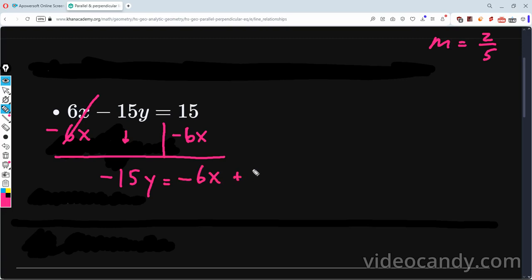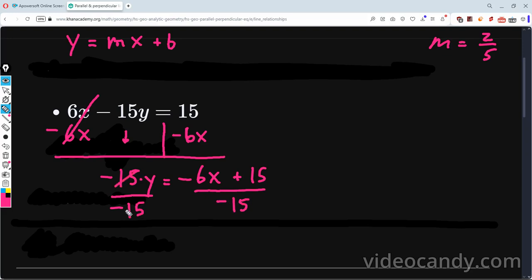All right, same thing. Again, we're trying to get it into the form of y equals mx plus b. So therefore, I figured I would write the negative 6x before the 15. Okay, but it's really the same thing. Solving for y, we have negative 15 times y. The opposite of times negative 15 is divided by negative 15. You want to do that to both sides.